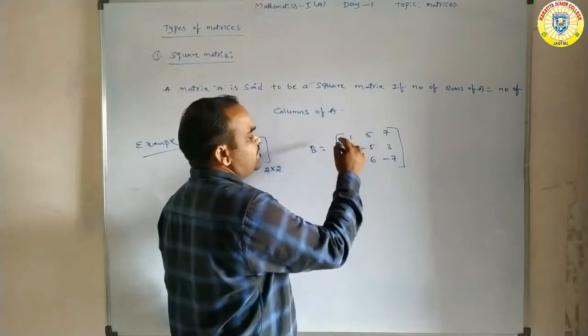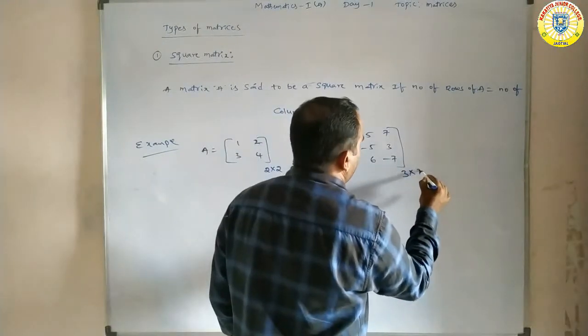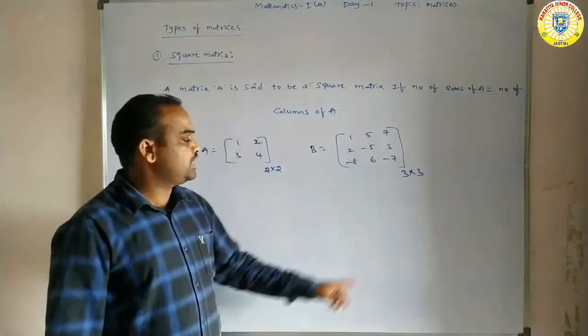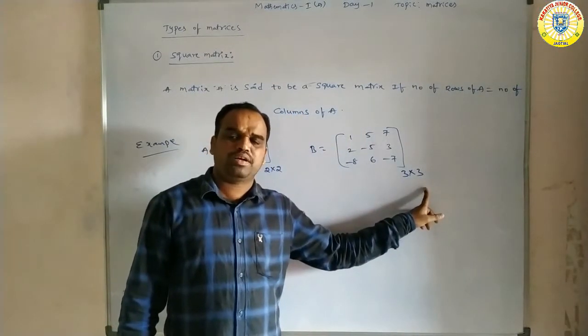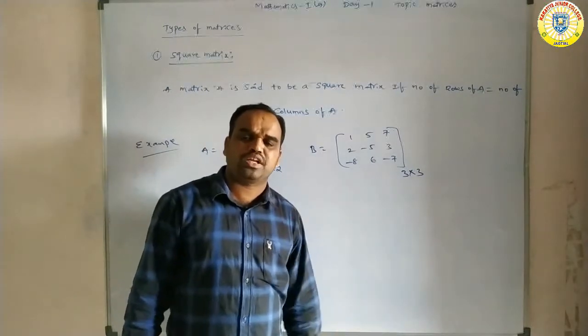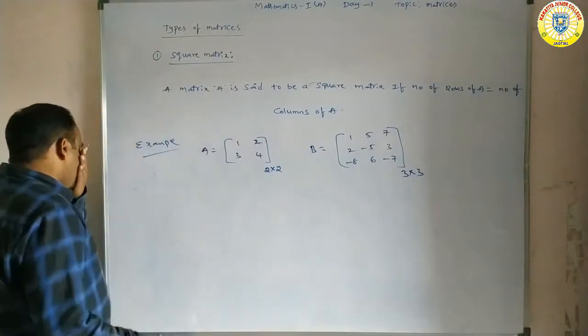How many columns? 3 columns. So 3 rows and 3 columns. That's why this is also a square matrix. This is a 2 by 2 square matrix.